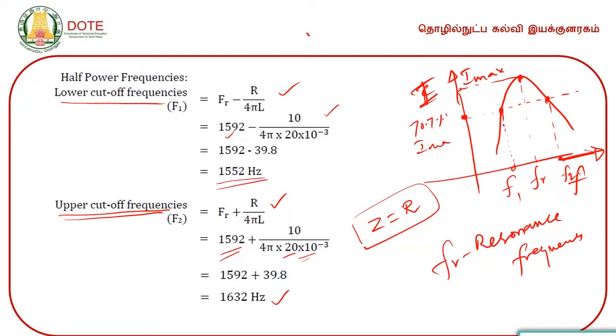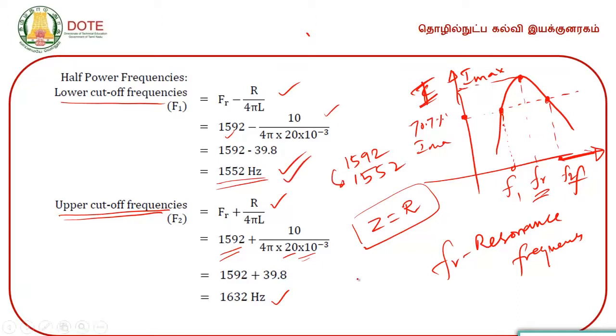Now, after finding out the lower cutoff frequency and upper cutoff frequency, you can ensure that the lower cutoff frequency is much lesser than the resonance frequency. Now, you can check the resonance frequency is 1592, whereas the lower cutoff frequency is 1552. So, it is much less than this value, then it is correct.